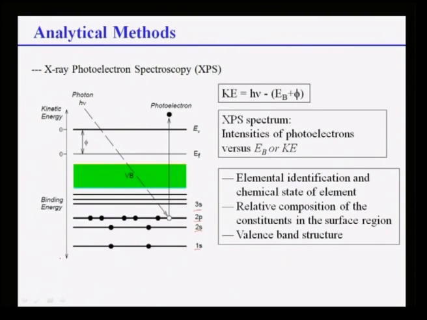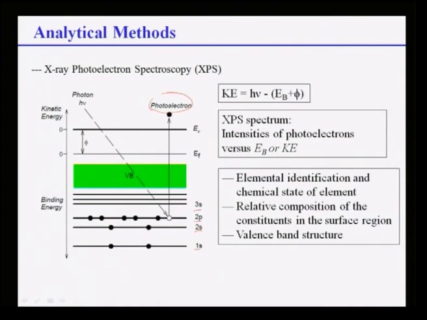Now if a photon or X-ray comes and falls on this atom and ejects, suppose, one of the electrons in a 2p shell, and this electron then has sufficient kinetic energy to travel to the valence band and even pass the Fermi level and come out, this is known as a photoelectron.